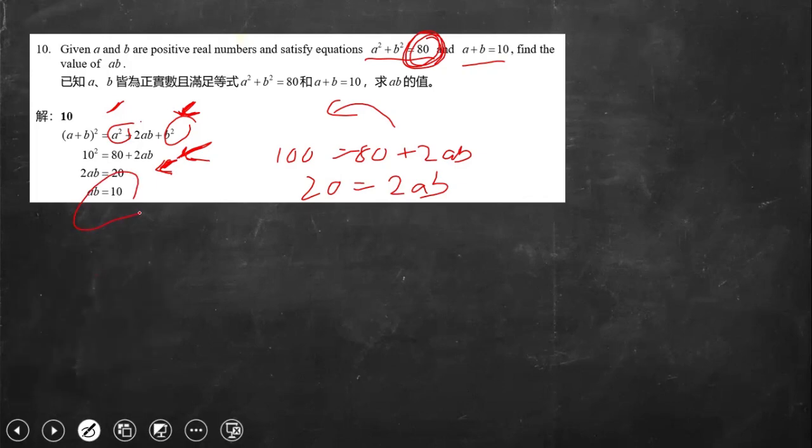Okay, any more questions in the last 10 items? If you have questions, please type it. I'm giving you 2 minutes. 2 minutes, okay?